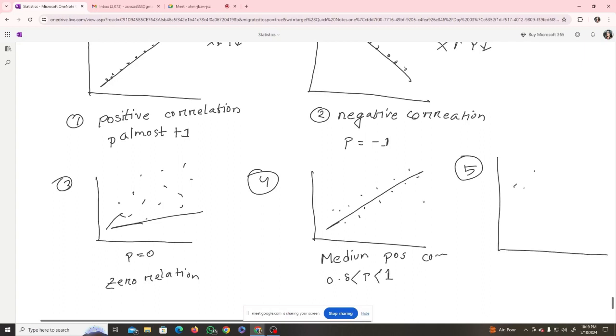Then similarly we can have another scenario where, suppose, these are the data points and this is the line. You can say that it has a negative relationship, but since the data points are not tightly around the line, we can tell that it is a small negative approximate.